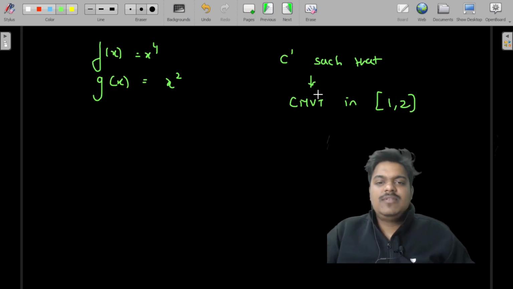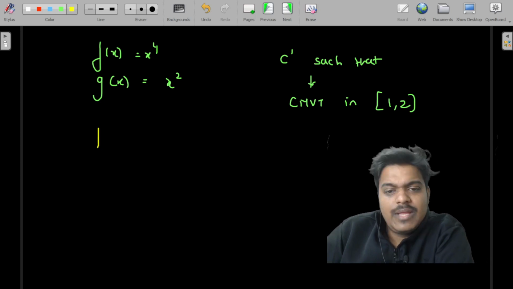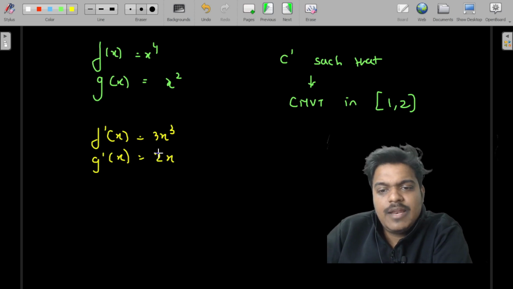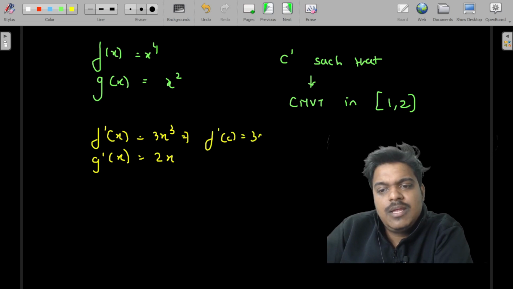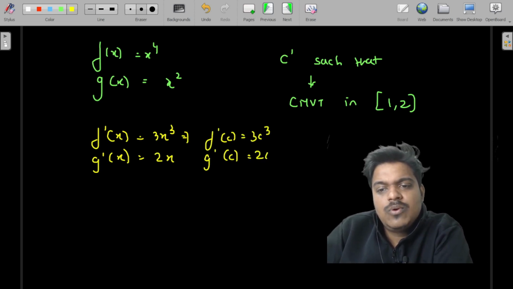So you calculate f dash x, this is 4x cube. You calculate g dash x, this is 2x. And f dash of c will be 4c cube, and g dash of c will be equal to 2c.